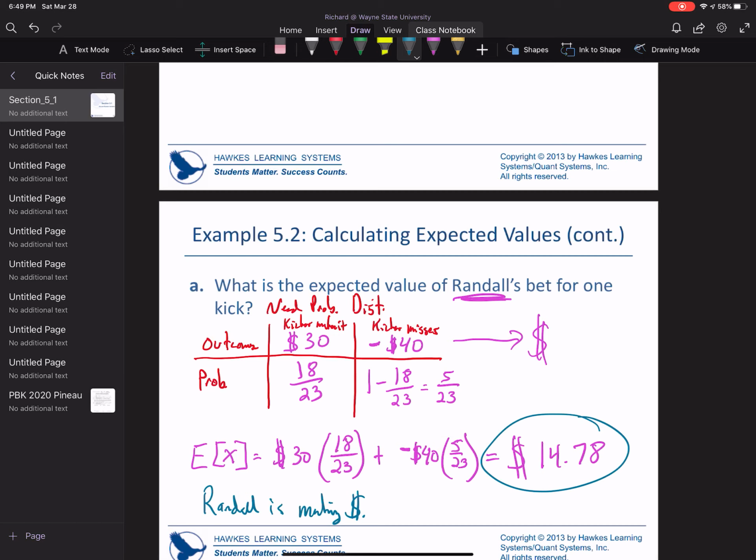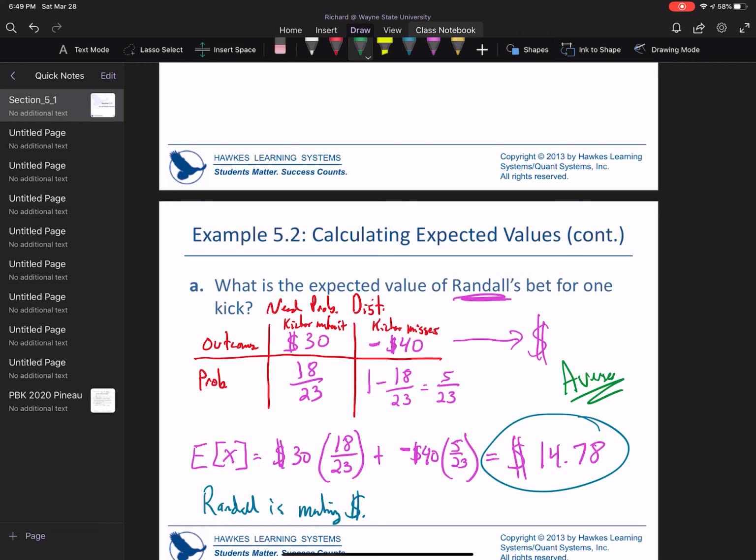Now, couple things. People get a little nervous when they see $14.78. They ask, how is that possible when the payouts here are clearly even, right? $30 and $40 respectively. And what I would say to you is you have to remember that this is indeed an average.